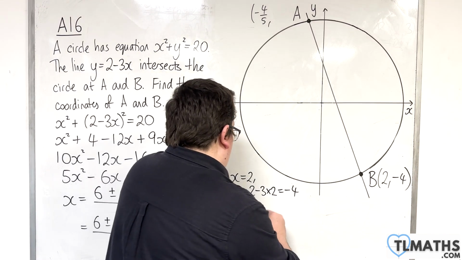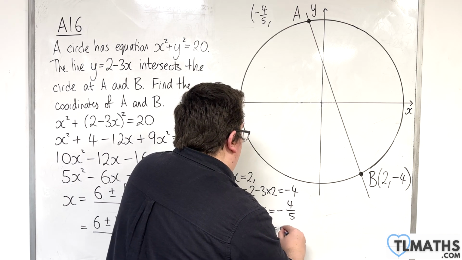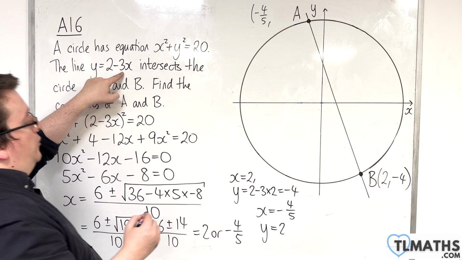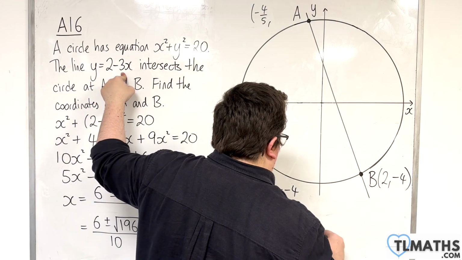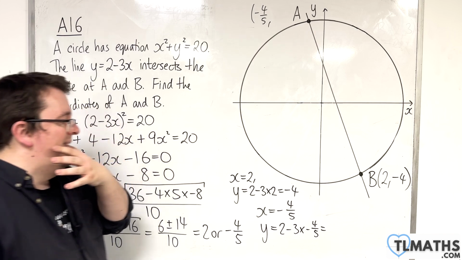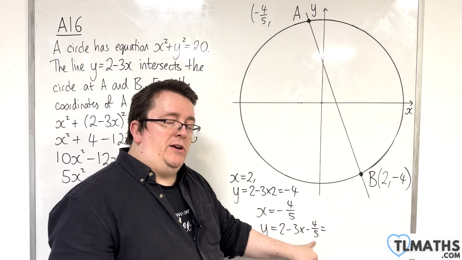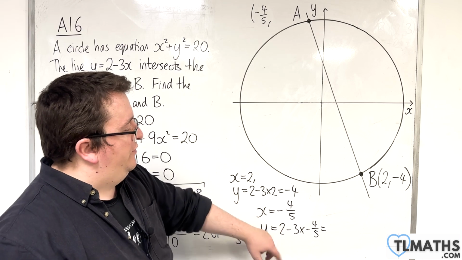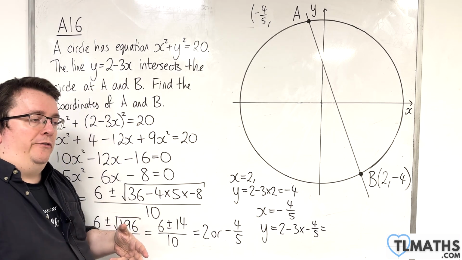Or x is -4/5, in which case y is 2 take away 3 lots of -4/5. Okay. Now, -3 times -4/5, don't worry about the 2 for the moment. -3 times -4/5 is positive 12/5.